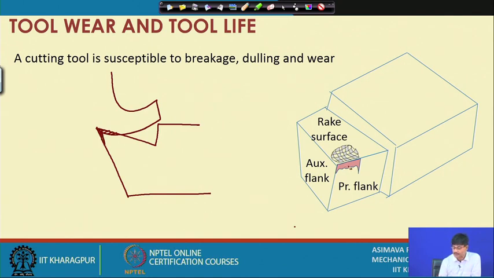So, the principal flank is undergoing wear, where you can see there is a large notch at the side, because that is where the end of the chip is moving and it is having an edge. Edges always create a high amount of wear. So, this is the rubbing action of the edge.